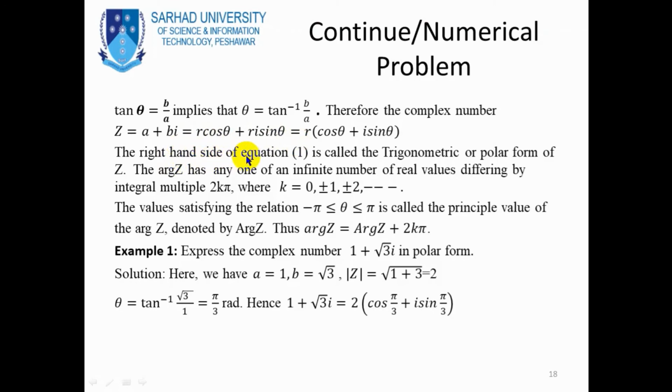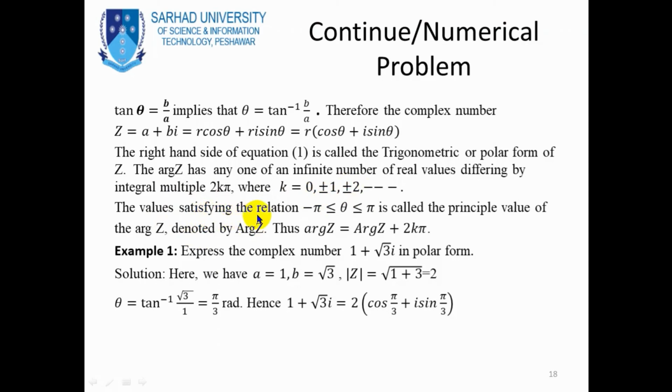The right hand side of equation 1 is called the trigonometric or polar form of complex number z. The argument of z has any one of the infinite number of real values differing by integral multiples of 2k pi, where k is equal to 0, plus minus 1, plus minus 2 and so on.